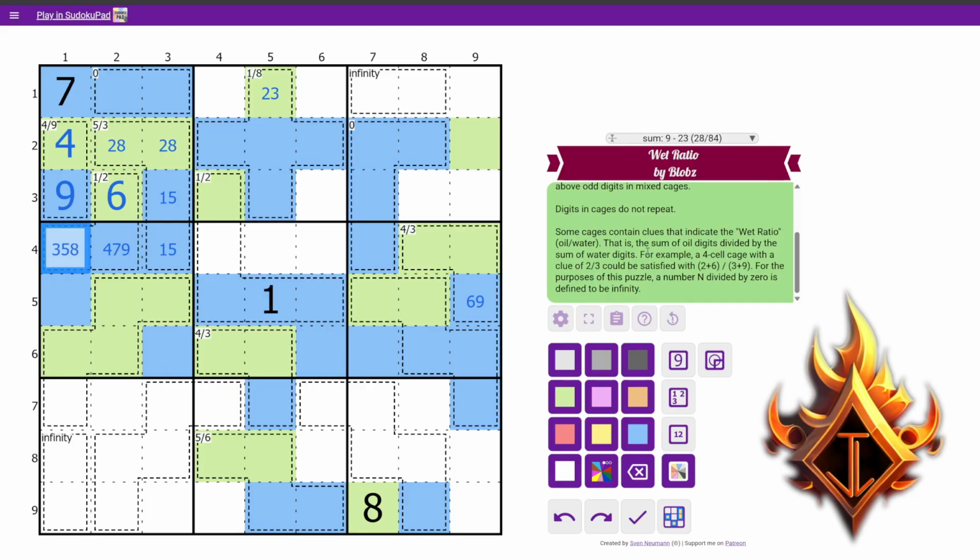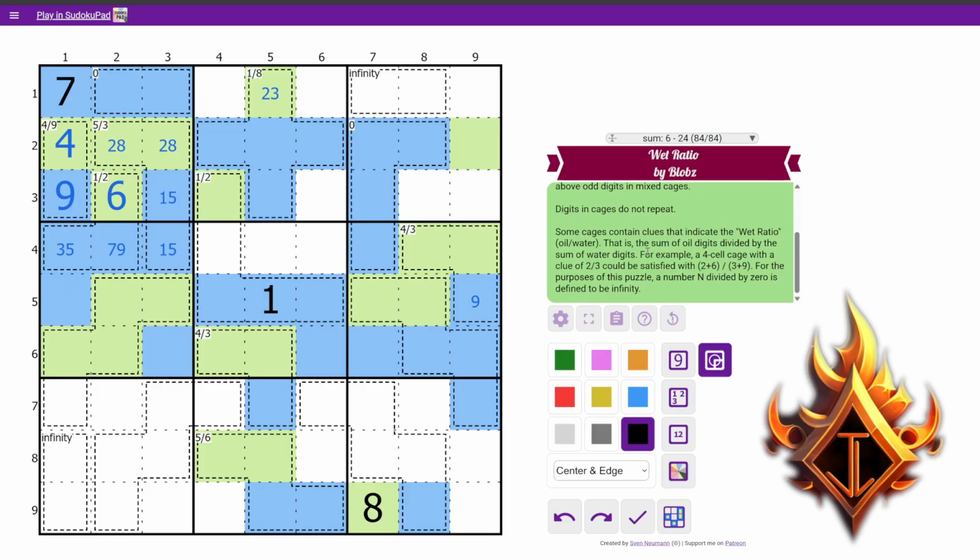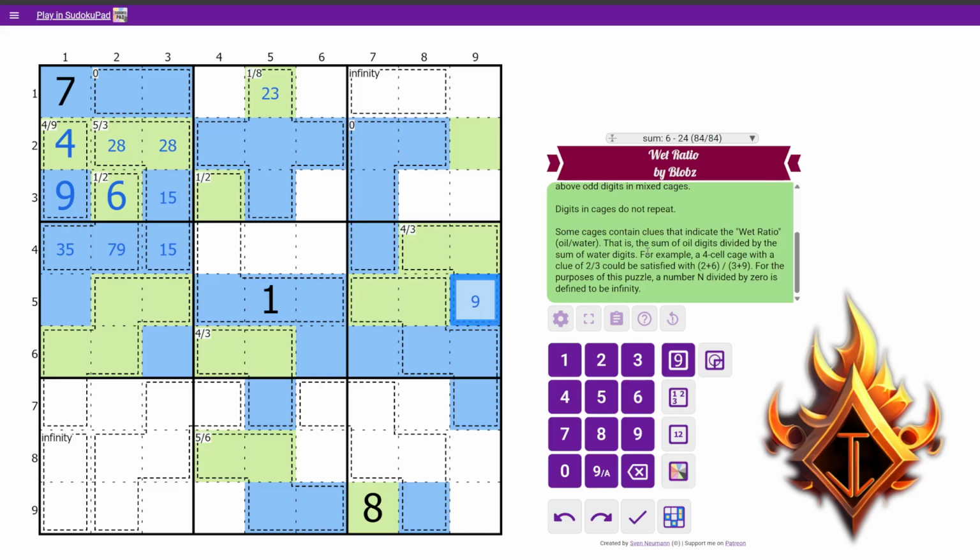So this cannot be 8, meaning this cannot be 4. 7, 5, or 9, 3. This cannot be 6 now. So it is 9, as it cannot go any higher.